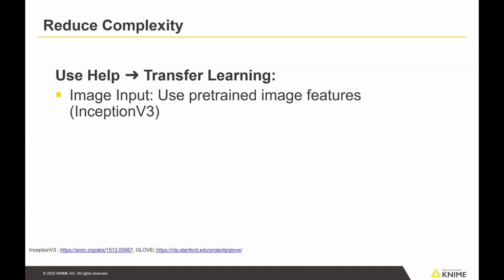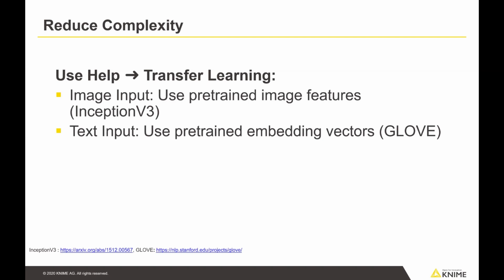You could imagine that we append a convolutional network to extract features from the images, but because we want to keep computational complexity low, we can use pre-trained image features. So we can use an existing network and just extract features from images, and then we use this as a representation of the images in our data set.